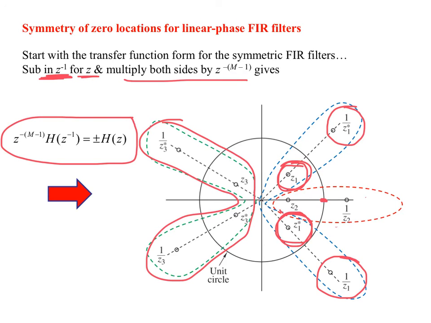If we have one on the real axis, we're going to have a reciprocal on the real axis. If we have something off from the real axis, there will be 4 zeros that have to occur in conjunction with that: the 0 that you're looking at, its complex conjugate, and then the reciprocal of each of those. So they come in units of 4 if they're complex, and in units of 2 if they're real valued. This is also something to keep in mind, and that can be exploited when trying to develop filter designs.